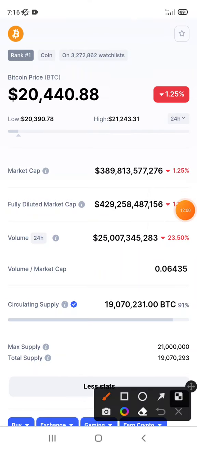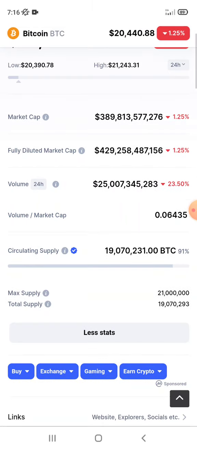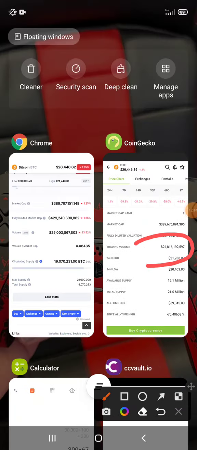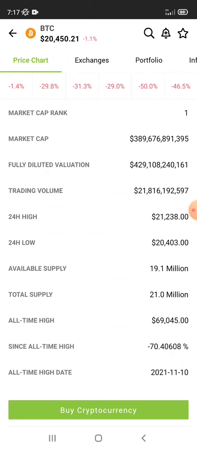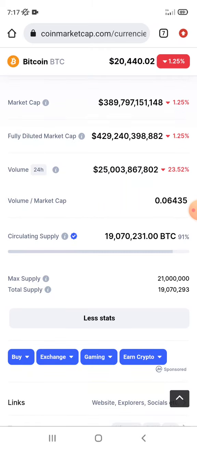You see they specify the volume 24 hours, which means the amount of Bitcoin traded in the past 24 hours. Then volume divided by market cap. Then they have circulating supply. This circulating supply was what coinGecko called total available supply, as I was saying. Okay, so it's the same thing.